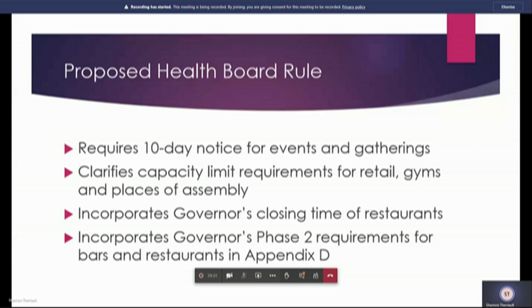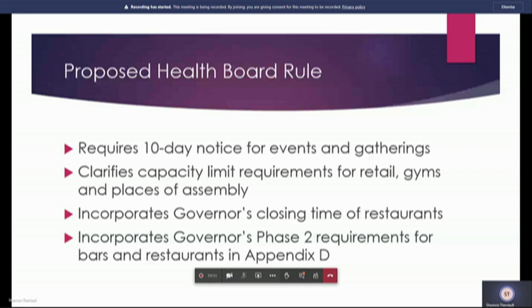And now we're saying that it needs to be determined and posted, and they have to have the ability to know how many people are in their space at a given time, and to be able to restrict people when you are reaching or are at capacity. That's how we were applying it, but we wanted it to be very clear in the rule, if possible, so that people who read the rule can understand what they are obligated to do.